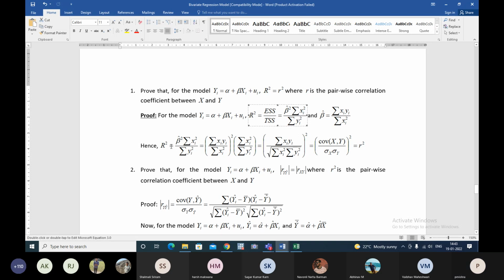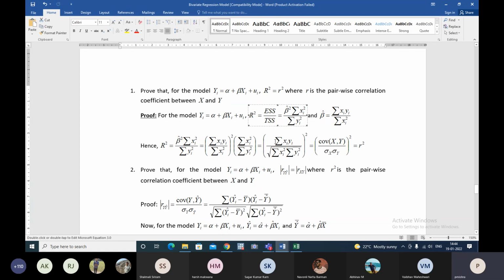So capital R square can now be rewritten as this into this, the formula for beta hat, and then beta hat square, so beta hat square into this component. Now what will happen? You can see in the denominator here, I will have summation of small xi square whole square, and here I have summation of small xi square. So one would be cancelled out.